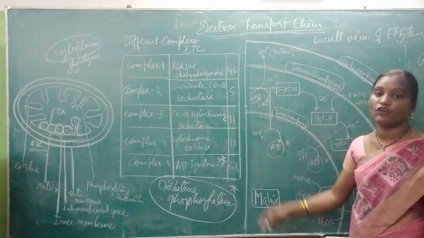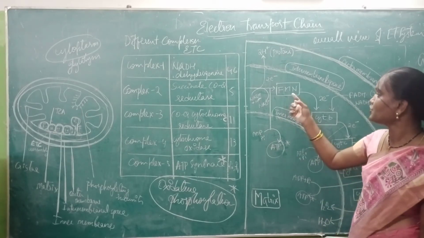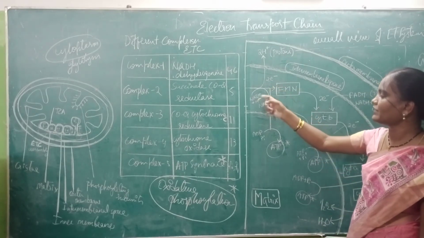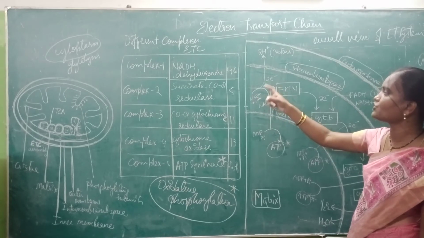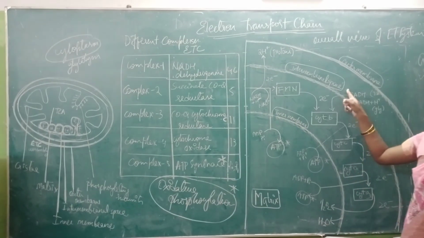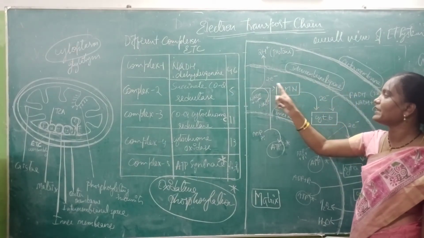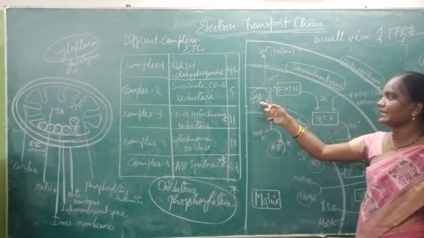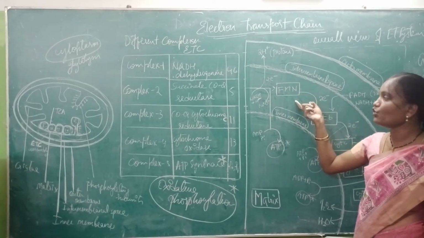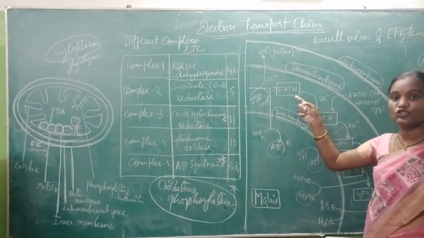So this reduced form, by donating 2 electrons to FMN, will produce 2 electrons and 2 protons. The 2 protons are released into the intermembrane space, and the 2 electrons that are released will be accepted. So this NADH will lose 2 electrons to donate to FMN.